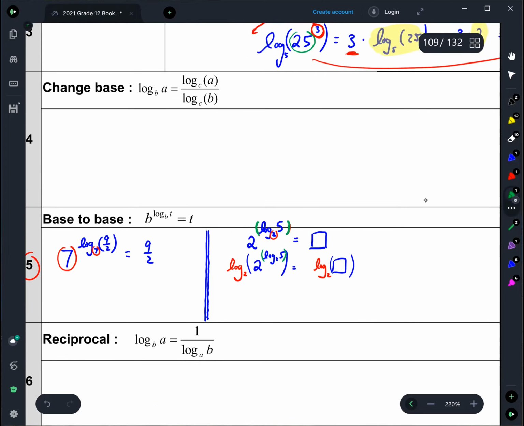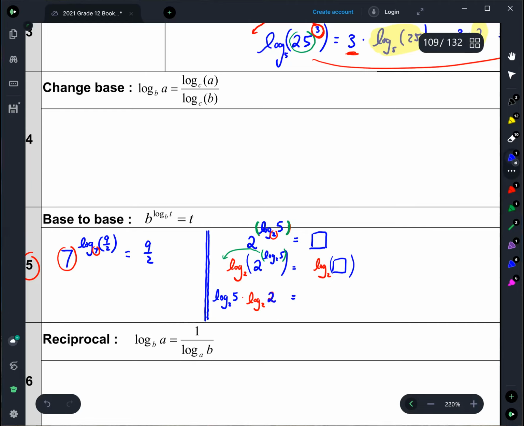So this exponent, the green part, I can bring it to the front. So it will look like log base 2 of 5, that was the exponent, and then you have that times log base 2 of 2. We use the blue.